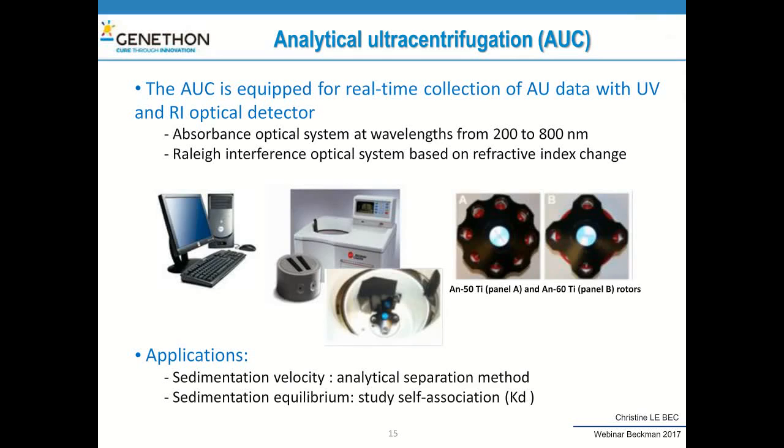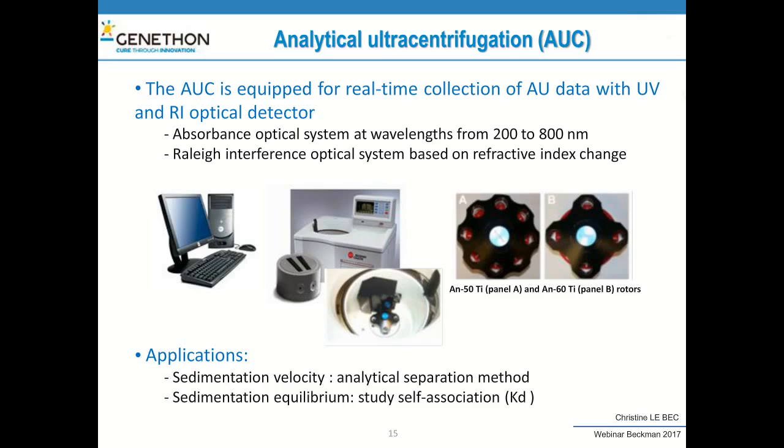So let's go back first to the principle of analytical ultracentrifugation. The AUC is a technical tool that gives you a very good real-time collection of signal data, by absorbance and Rayleigh interference systems, and you can follow the sedimentation of your profile over time.